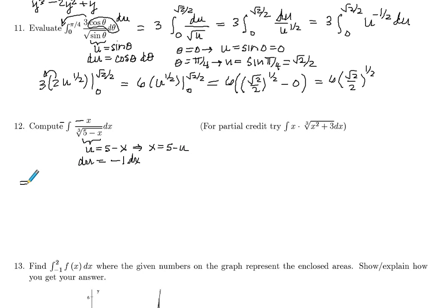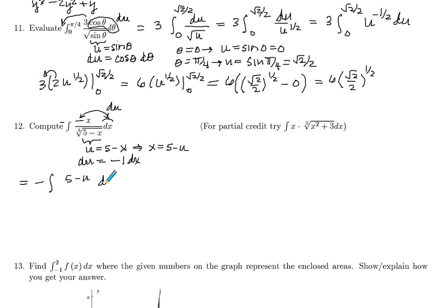So if we change this over, we've got that negative sign out in front, integral, the negative dx, that's our du, and our x here is 5 minus u. So on the top we've got 5 minus u.